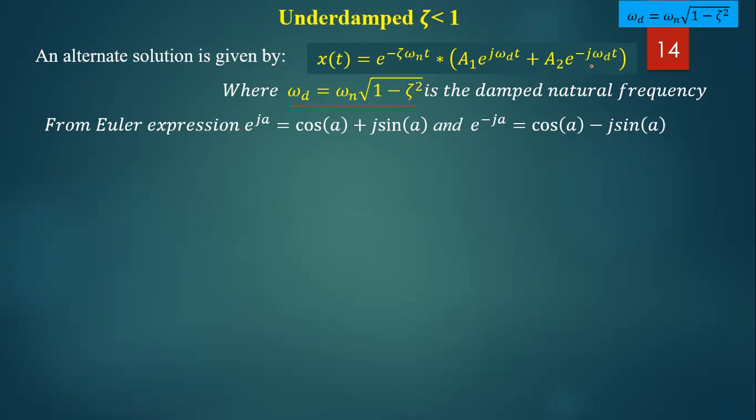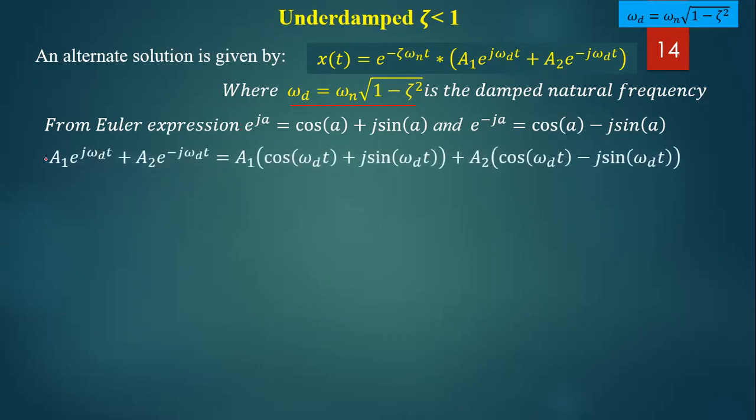Let's take this and this in the cos-sine, or trigonometric, form. The terms inside the bracket are defined as a1 times cos omega d t plus j sin omega d t, plus a2 times cos omega d t minus j sin omega d t.